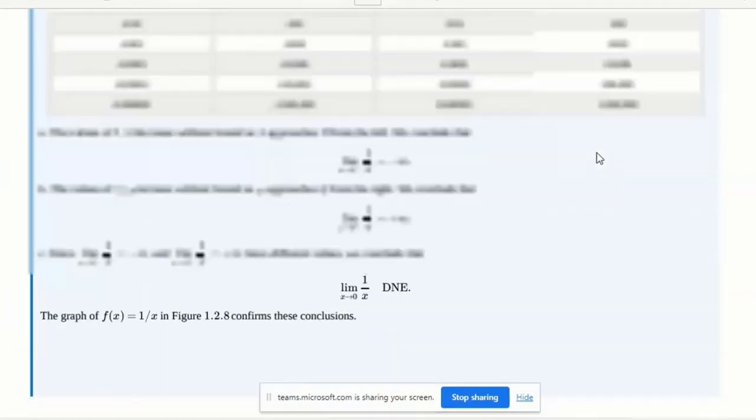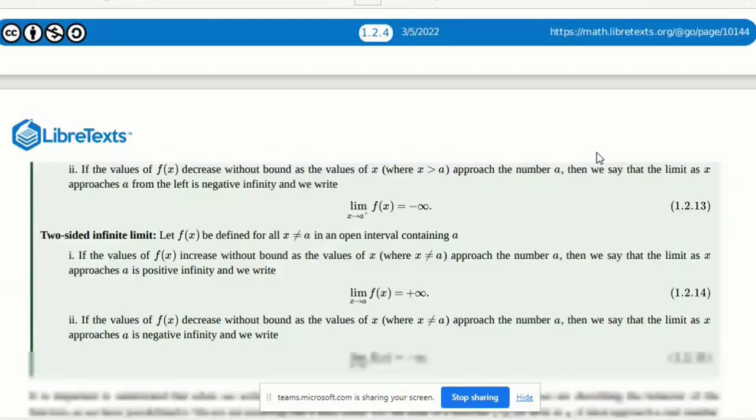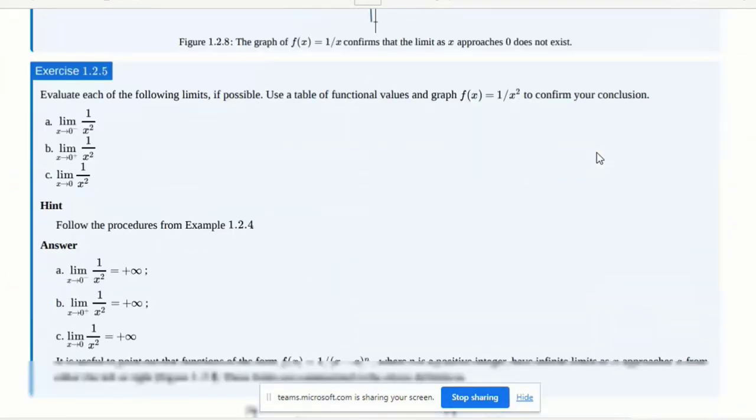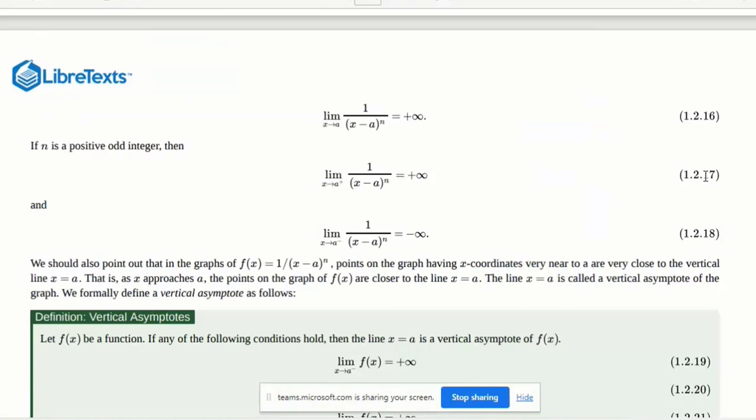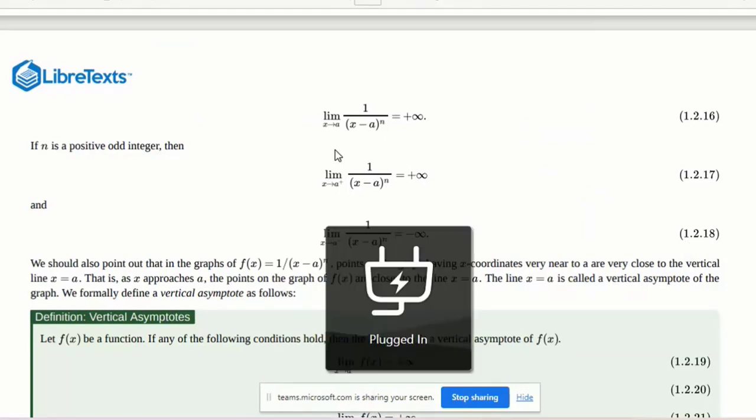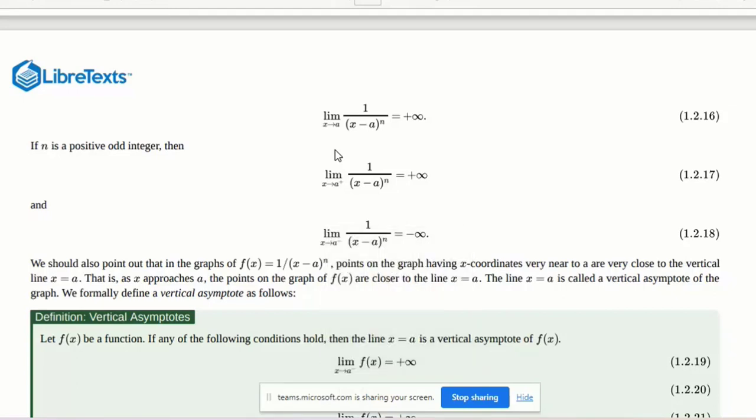16, 17, and 18 are these. These are the three that we are requested to use. 16 says the limit of 1 over (x minus a) to the n as x approaches a equals positive infinity.